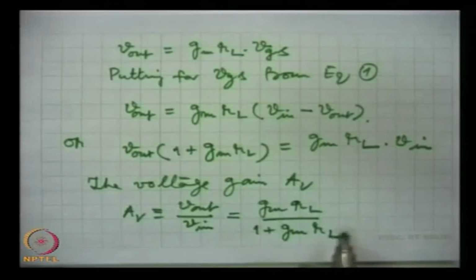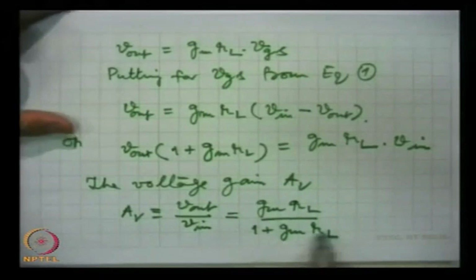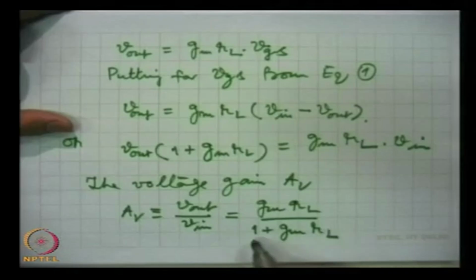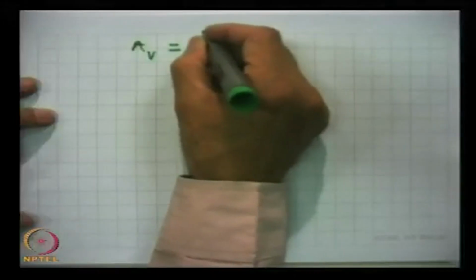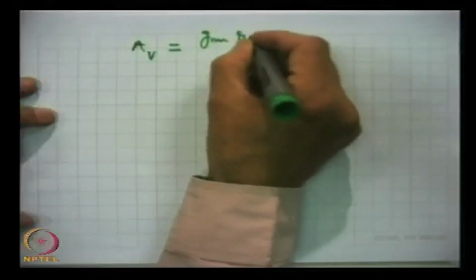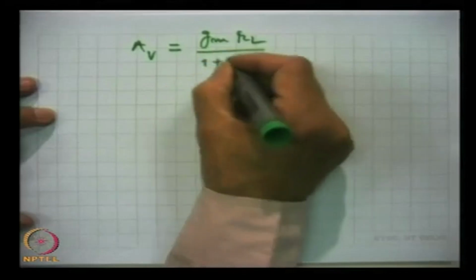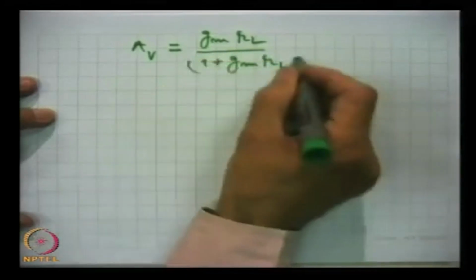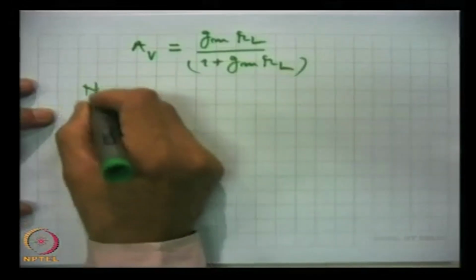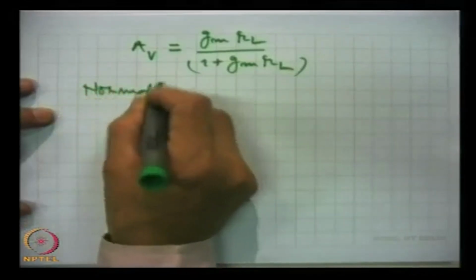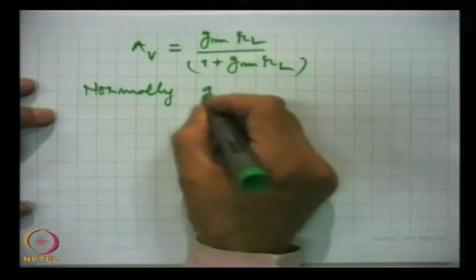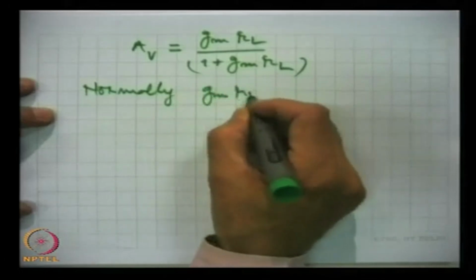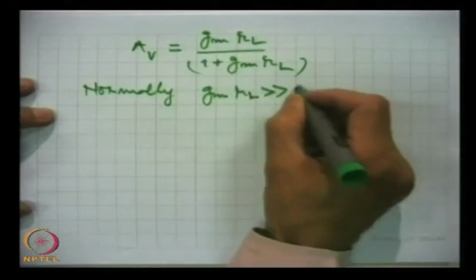GM into RL normally is much higher than 1, that is AV we have obtained as GM RL by 1 plus GM RL. Normally, usually GM into RL is very large as compared to 1.